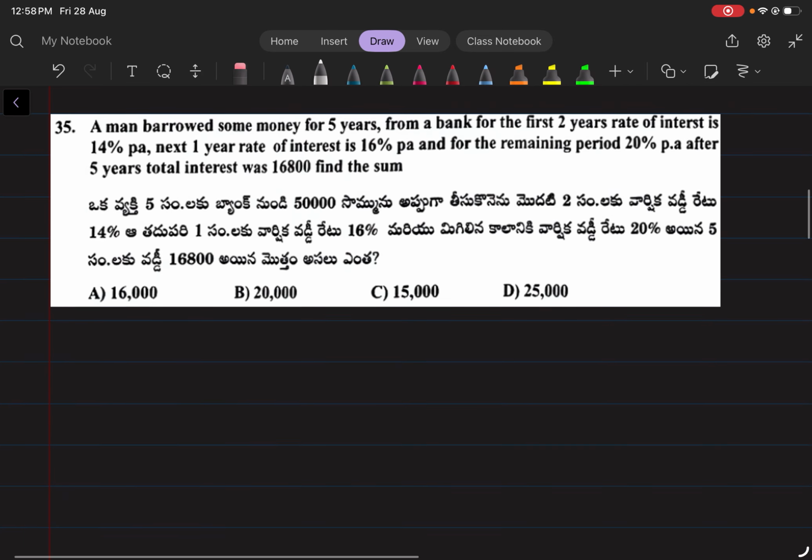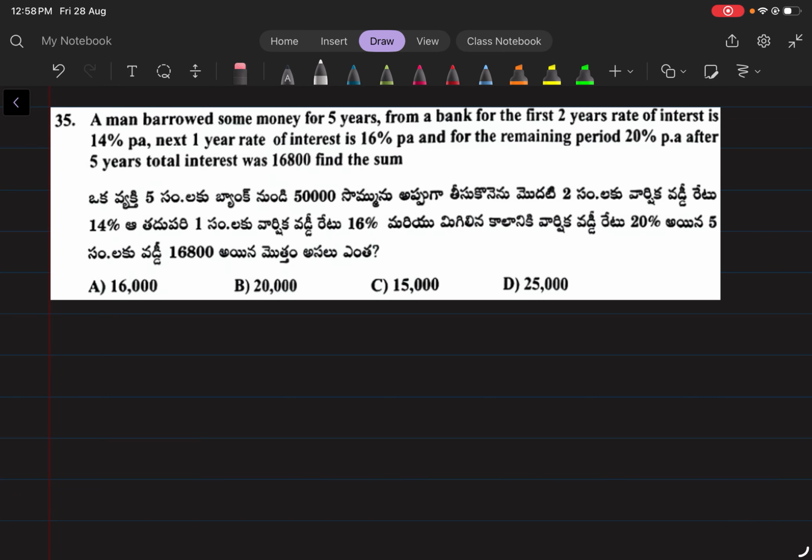A man borrowed some money for 5 years from a bank. For the first 2 years, the rate of interest is 14%. Next 1 year, the rate of interest is 16%.